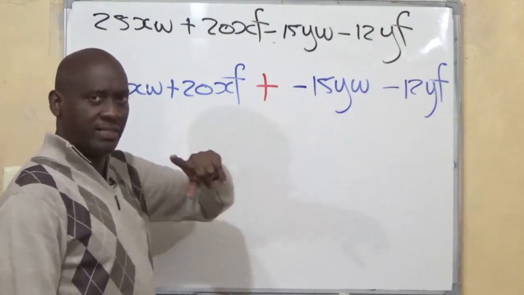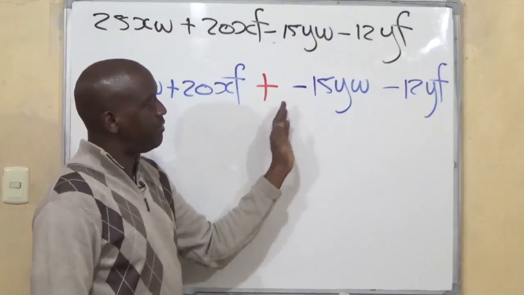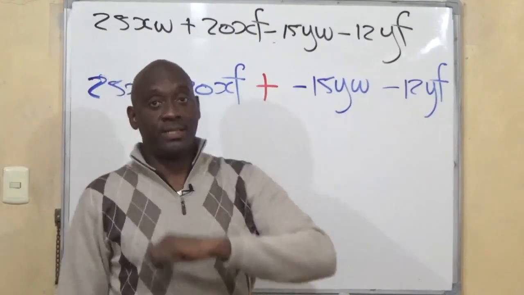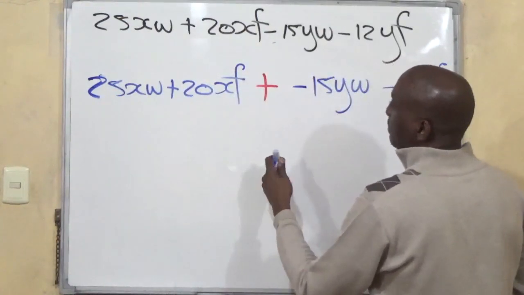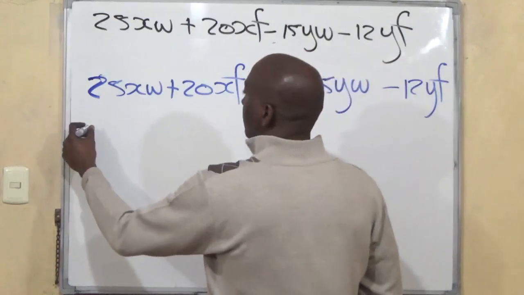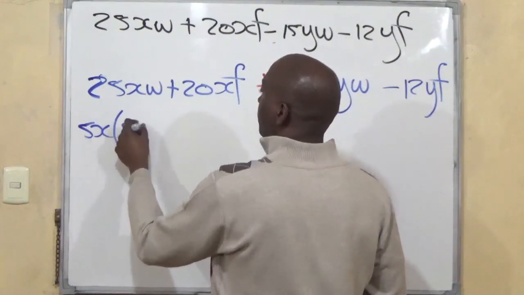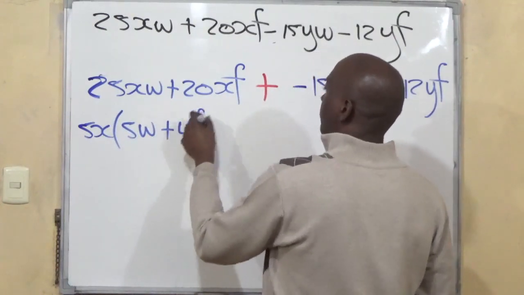That allows you to see even more clearly that you're factorizing 2 separate groups. So if you're factorizing, the common factor here will be 5x into 5w plus 4f.